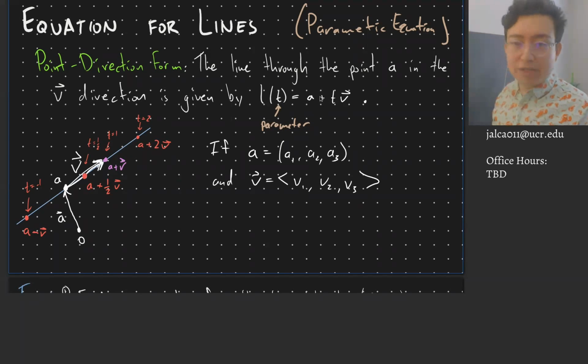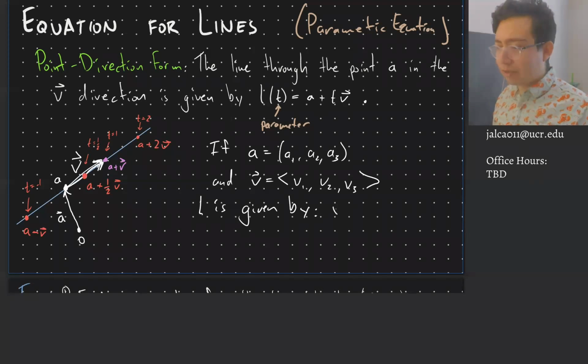So you can say that L is given by this triple of equations. So X equals A1 plus TV1, Y equals A2 plus TV2, and Z equals A3 plus TV3.